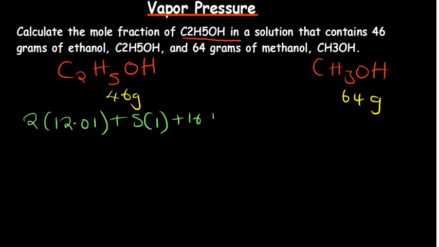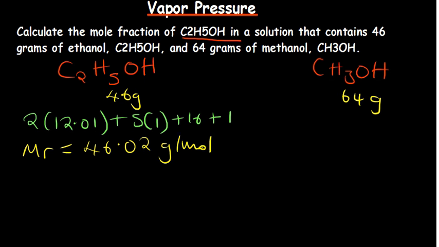So the molar mass here is approximately 2 times 12.01, that's 24.02, plus 5 plus 16 plus 1, so approximately 46.02 grams per mole.